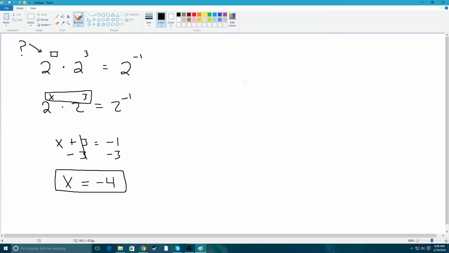Oh, I'm sorry, one more thing. If you get something like 3 to the second power times 3 to the blank equals 1, you might be a little confused. Because 3 and 3 have the same base right here, a base of 3 and a base of 3, but we have a 1 here.